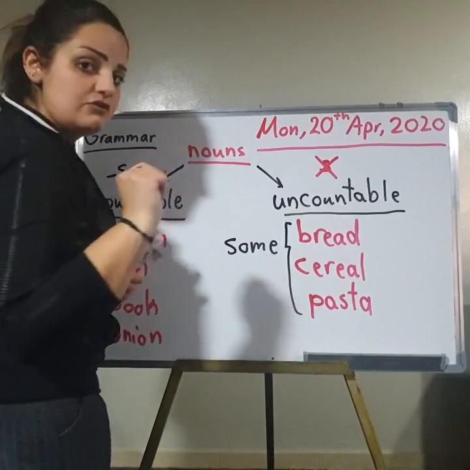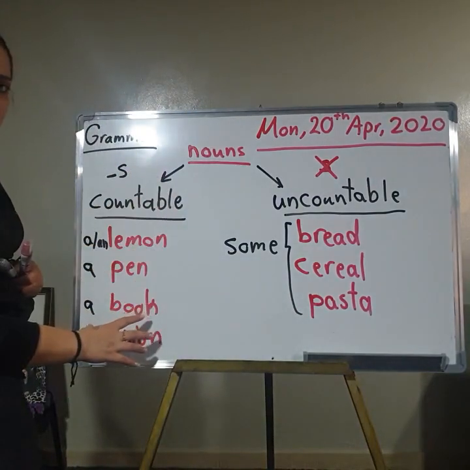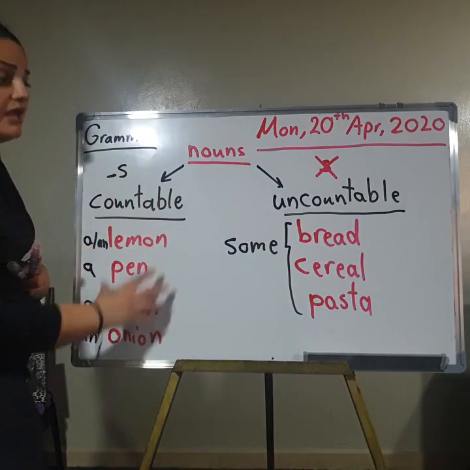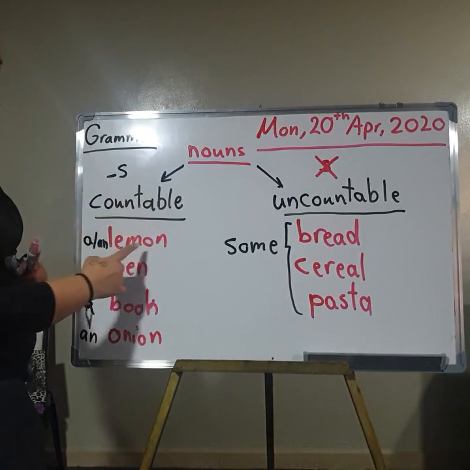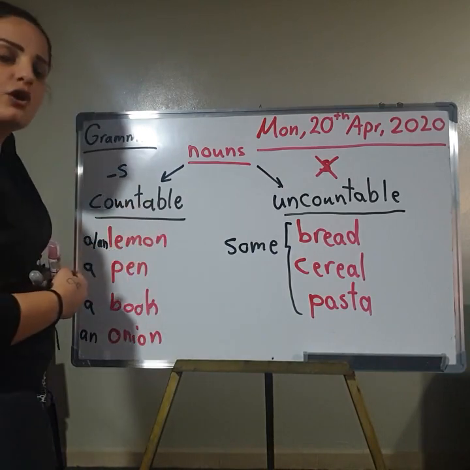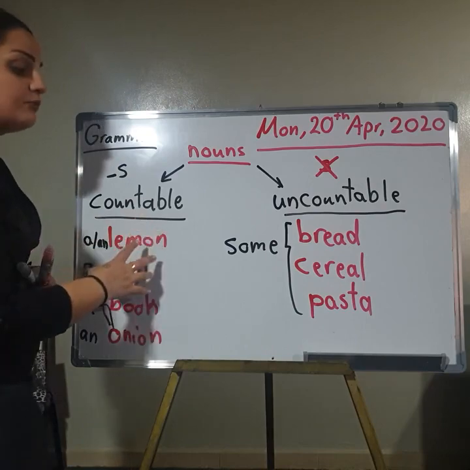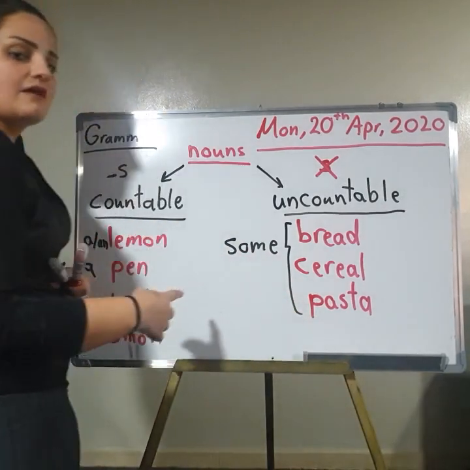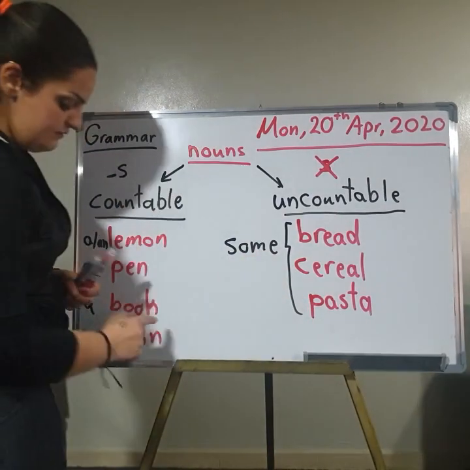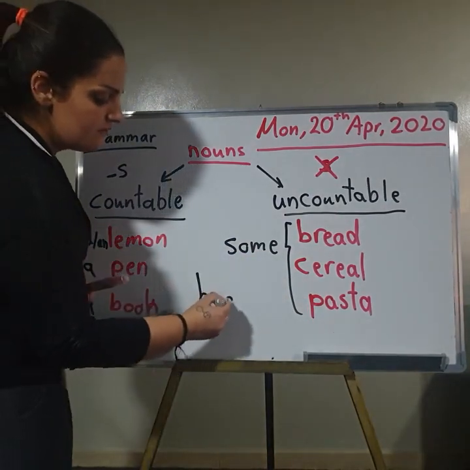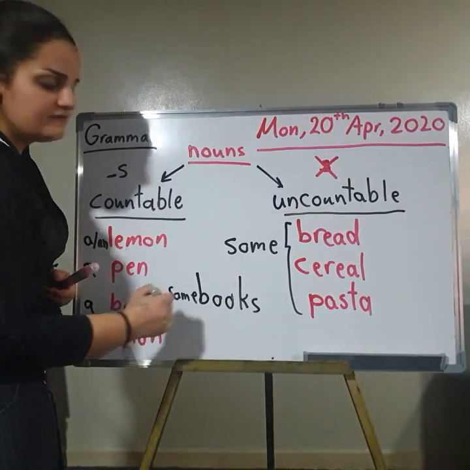There is a note here that you have to understand, that if the countable noun is plural, it has the plural s, like lemons, I cannot say a lemons, or an onions. It's wrong. If it's a plural, I use with it some, even if it's a countable noun. Okay, so if I have books, I say some books.